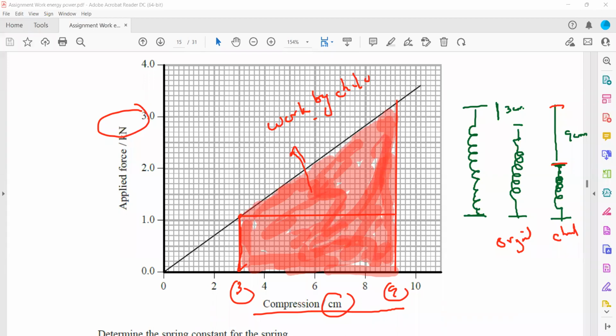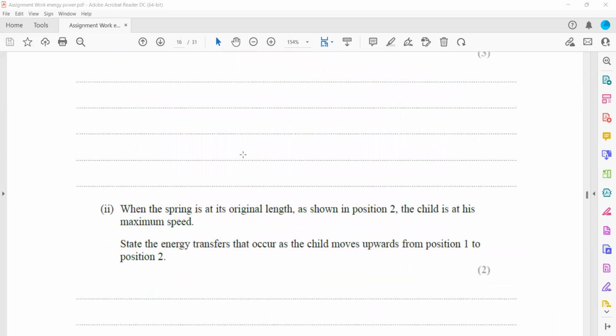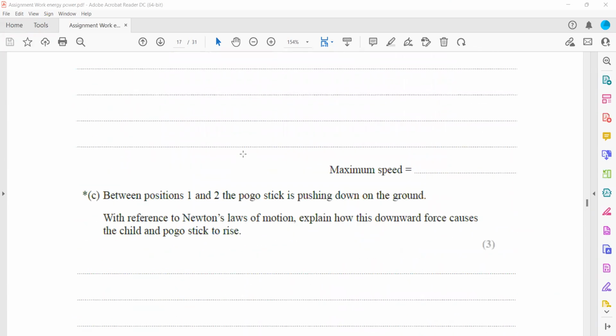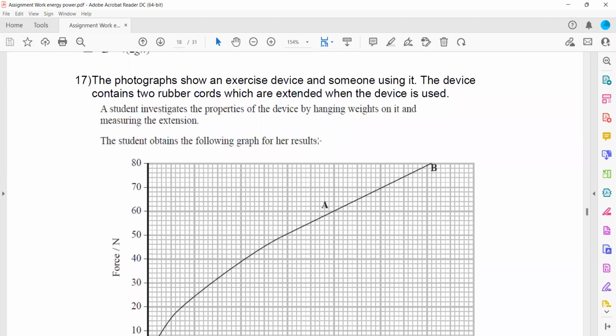Then the next question is 17B2. The photograph shows an exercise device and someone using it.